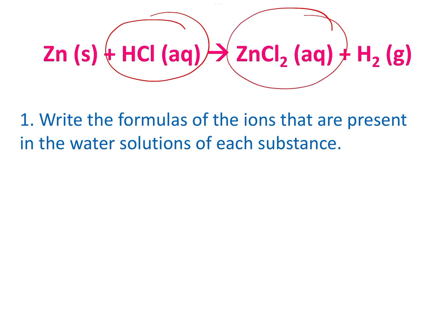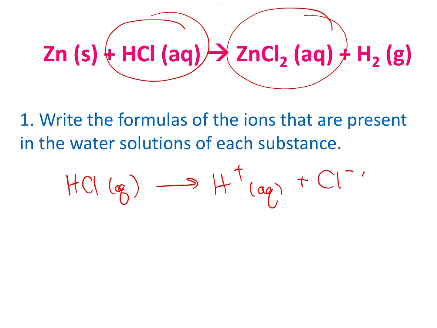So here we go. We start with HCl (aq), and that's going to break apart into what ions? It's going to be H+ in solution and Cl- in solution. The other one we have is zinc chloride.